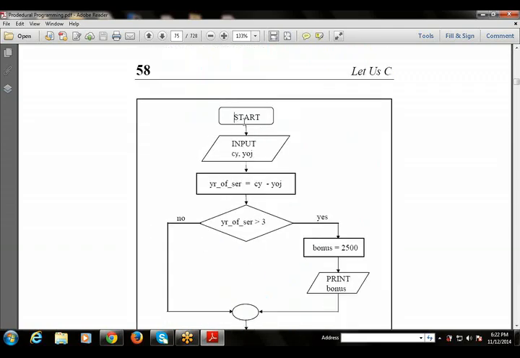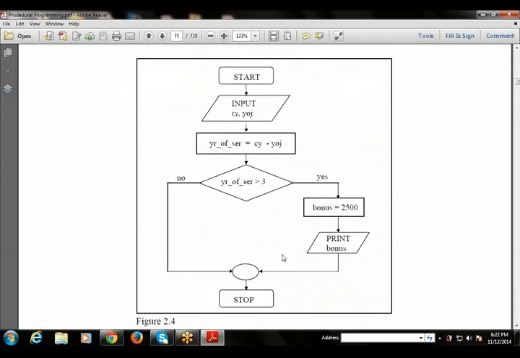This is the flowchart that shows how the bonus will be applied. First of all, we get the start, which is done by the start button. Then input the current year as well as the year of joining. Then calculate the year of service by calculating the current year minus the year of joining.